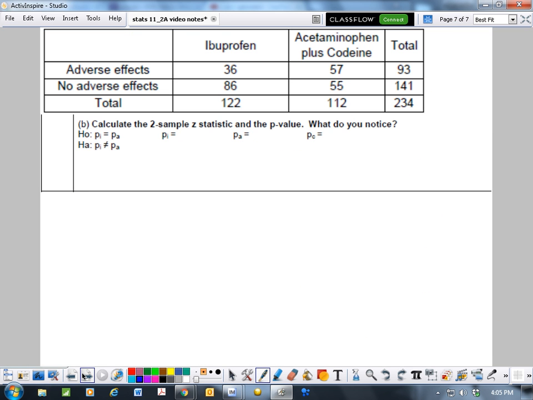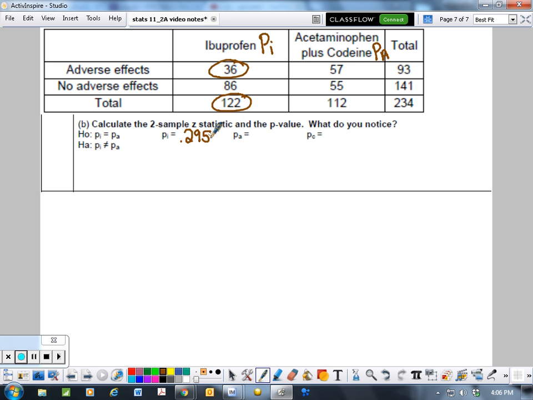So now we're going to take a look at if we were to do a z-test. Now luckily, because we did all of our stuff for the chi-squared, we don't have to go through all the conditions. We're just going to calculate a two-sample z-statistic and the p-value. So we're going to use this as pi for the proportion that had effects with ibuprofen, and this is going to be pa for the proportion that had effects with acetaminophen. So 36 out of 122 kids had adverse effects with ibuprofen, which is 0.295.